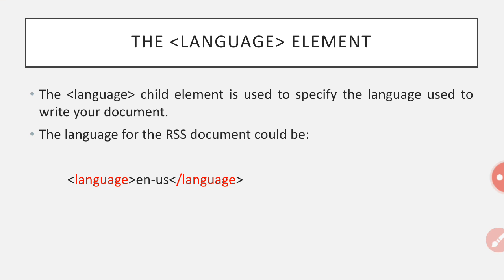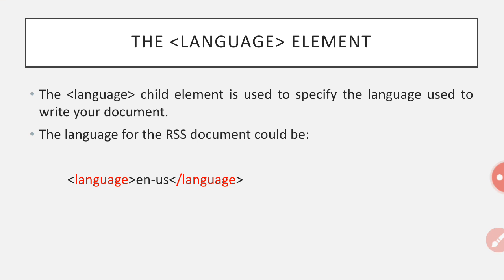The next optional child element for the channel element is the language element. The language child element is used to specify the language used to write your document. The language element makes it possible for RSS aggregators to group websites based on language. Same as category.